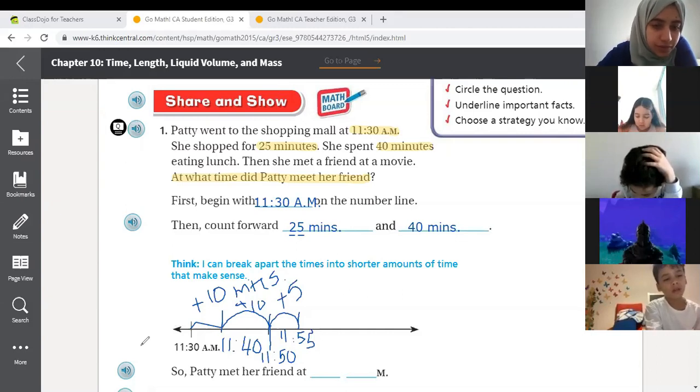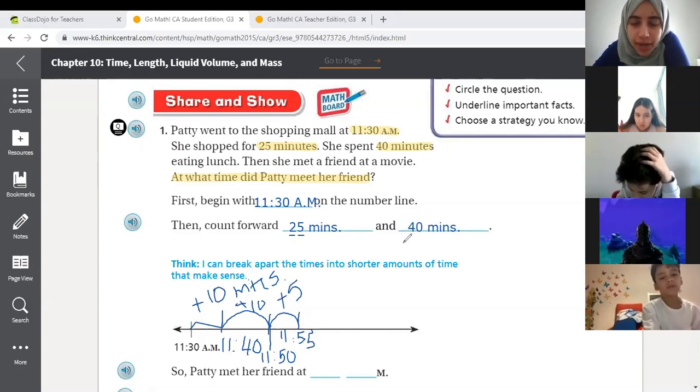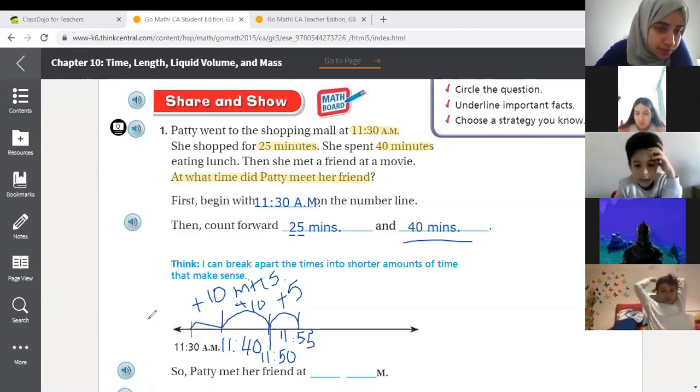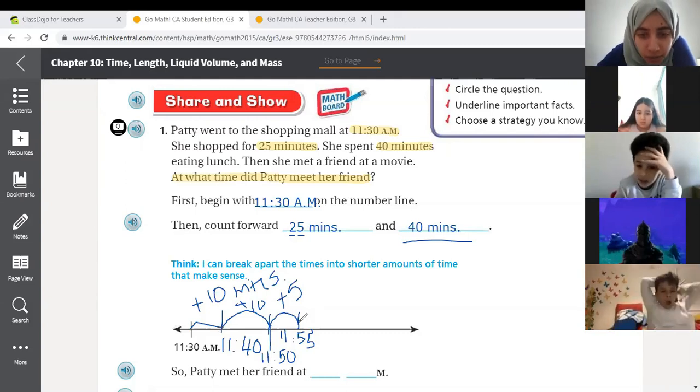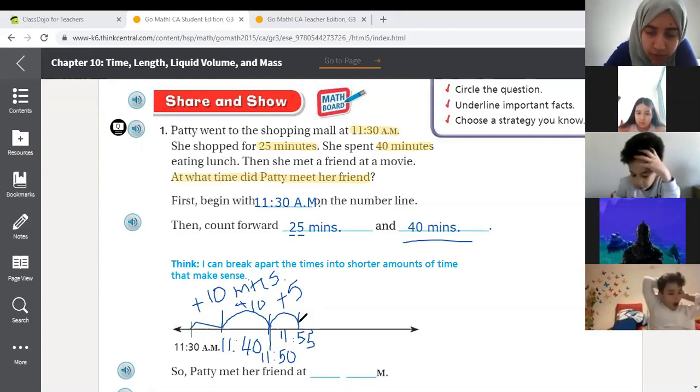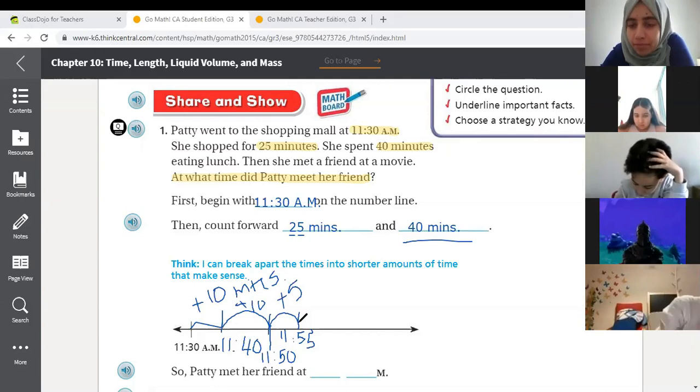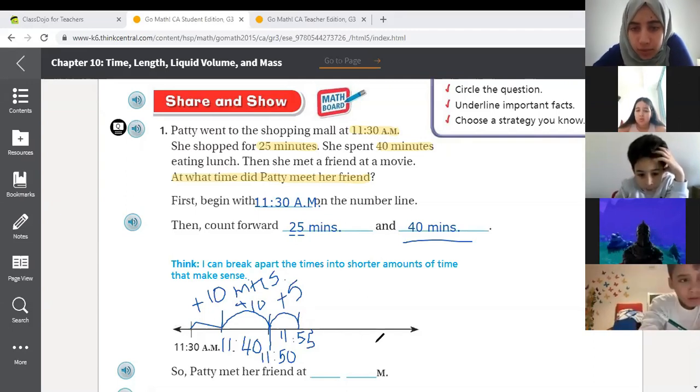Zaina, your turn. So now that I finished counting by 25, I need to start counting by 40 minutes, right? So when I count up here, I need to count how many times by 10? How many tens do I have in 40? 4. Look at the tens place.